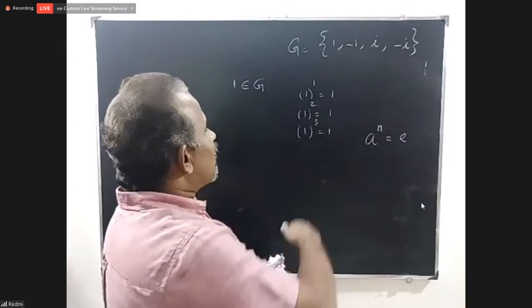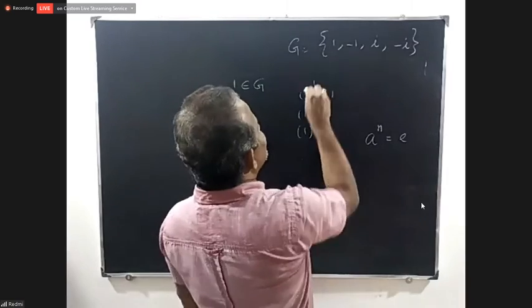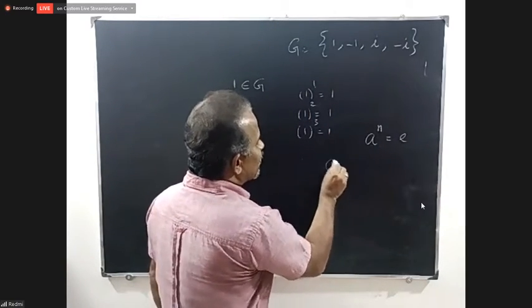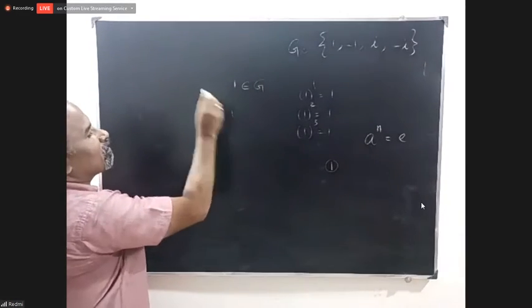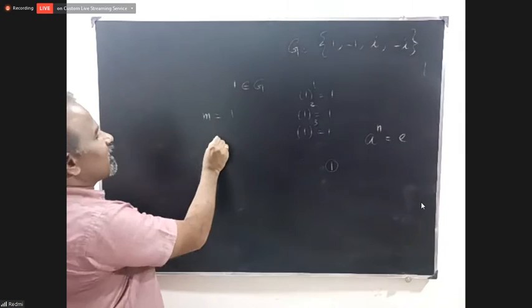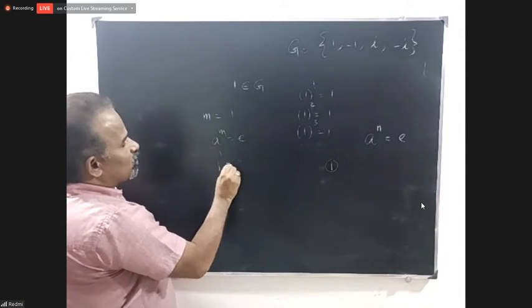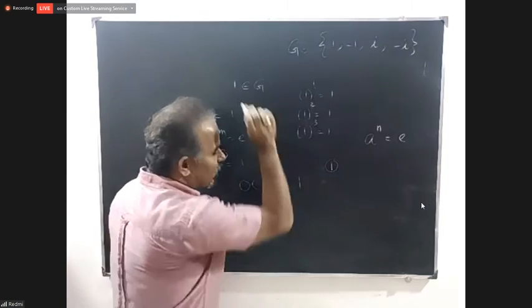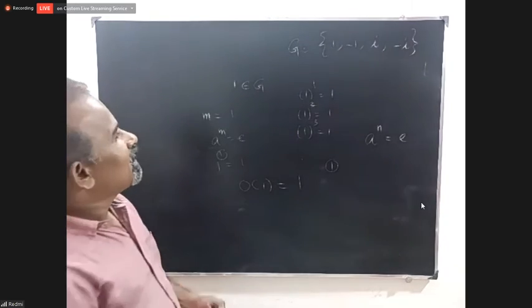Out of which I am going to choose the least positive integer. What will be the least positive integer? 1 is the least positive integer. So there exists a least positive integer m equal to 1 such that a power m is equal to e. Therefore, 1 power 1 is equal to 1. So the order of 1 is equal to 1. Okay, that is most important.